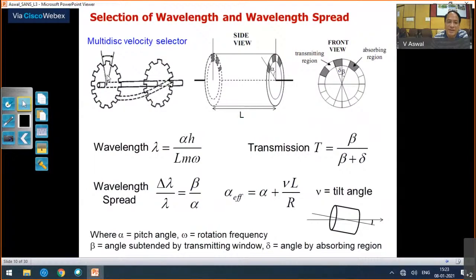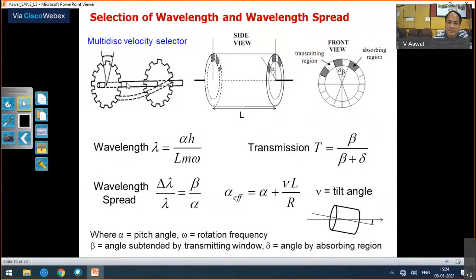And since it's not a straight slot, when you rotate this drum at high speed, with a frequency of around 10,000 rpm, the neutrons which are going very fast or very slow will not be able to pass through this helical slot, because the helical slot will synchronize with a particular speed of the neutrons, and only those will be able to pass. If the speed is slow, the slow neutrons, that is the high wavelength neutrons, will pass, and if it is moving at very fast speed, then the fast neutrons will pass.